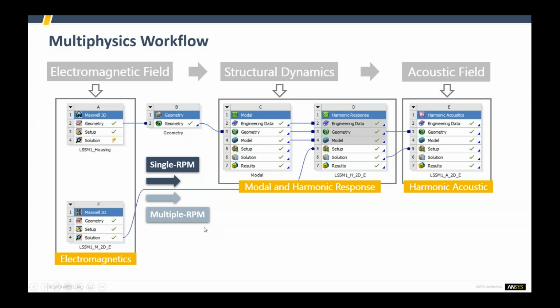If we want to do multiple RPM, then we probably want to go with Maxwell 2D. You can either stop with the ERP at the structural harmonic, or you can continue to acoustic to get the audio representation.